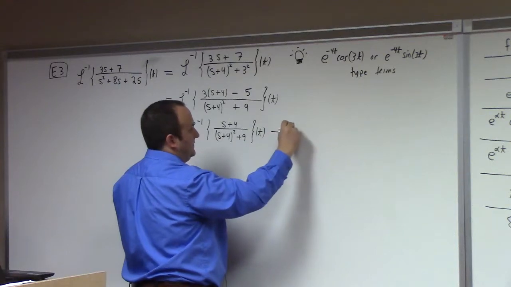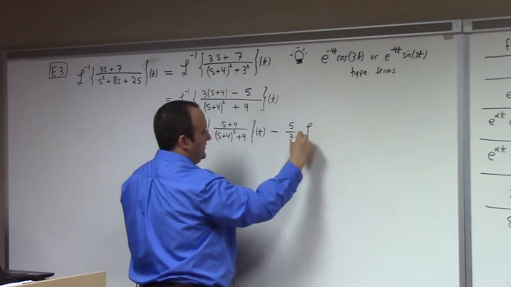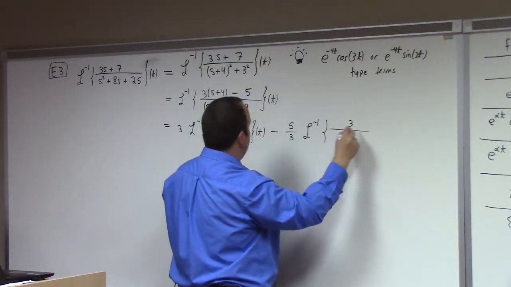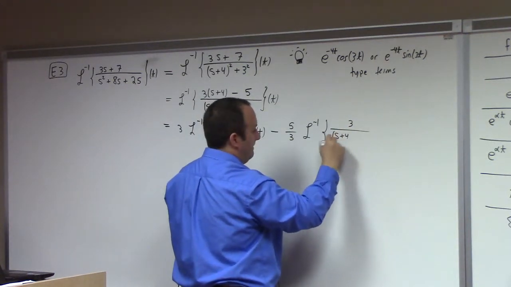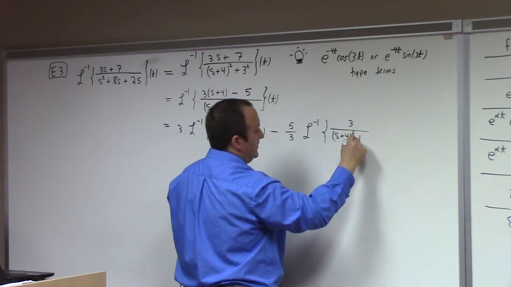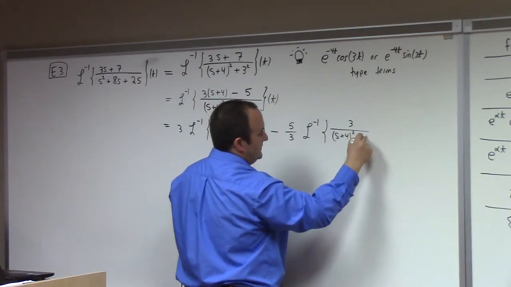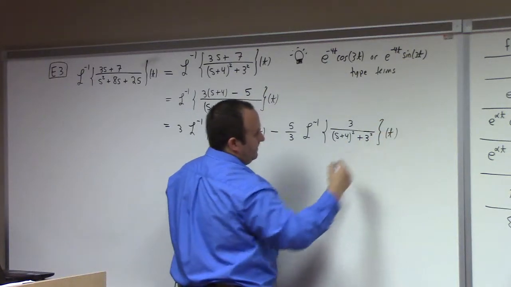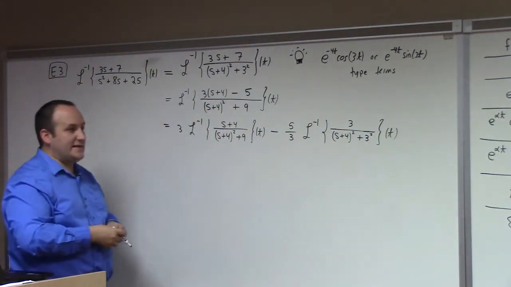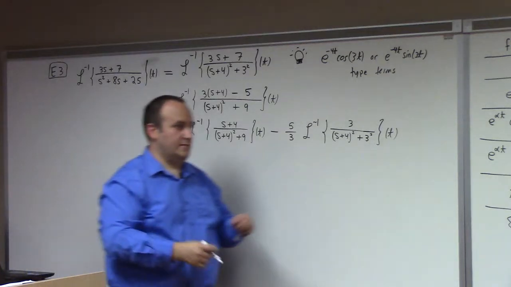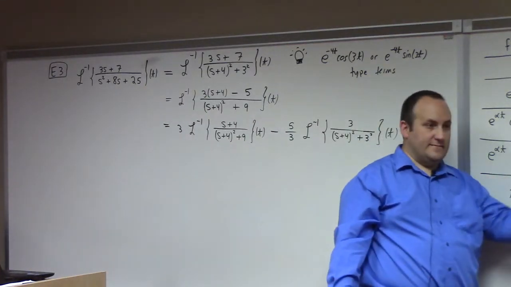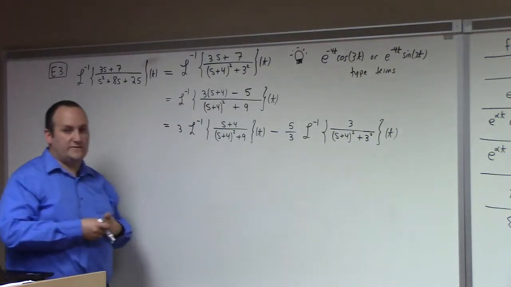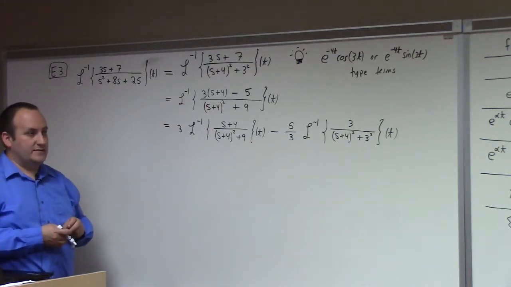And then I have minus 5 over 3 times the inverse Laplace transform of 3 over s plus 4 squared plus, I'll write it as 3 squared again to emphasize where the 3 is coming from. The reason I put a 3 there is I need it for the inverse transform. There's a beta upstairs for the sine transform. I need that 3 to be there, otherwise I can't go backwards, right?